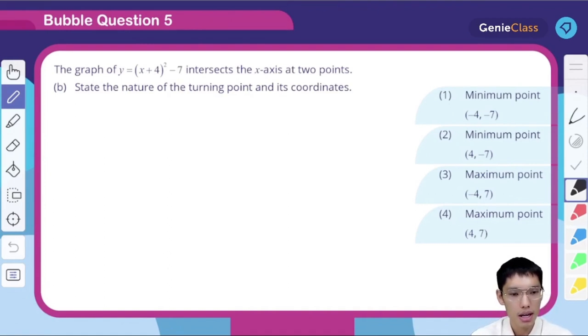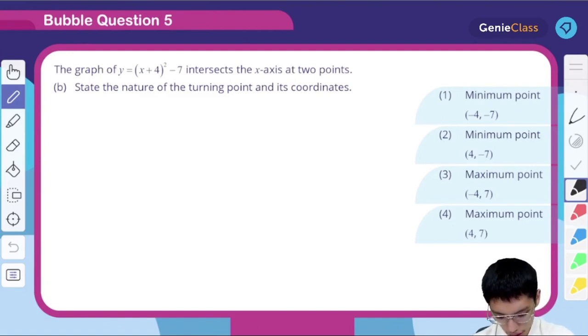Take note what is the turning point and what are my coordinates. Very important, it's plus 4 now. Remember, I mentioned this in the topic recap. Last 15 seconds. Last 10 seconds. Counting down to the last 5, 4, 3, 2, 1.